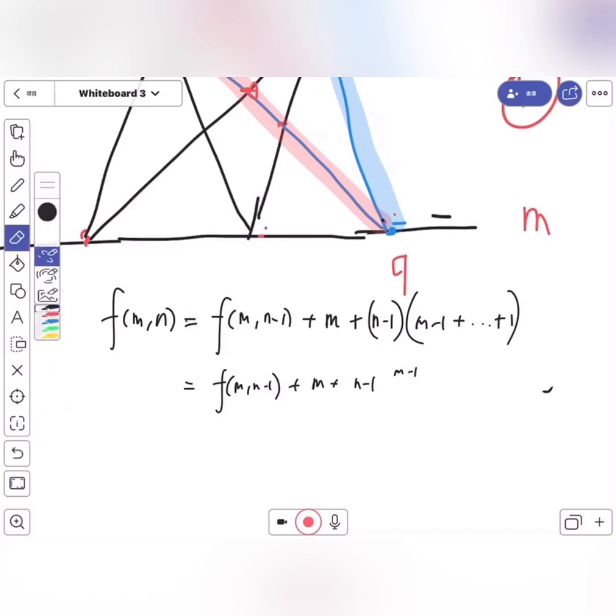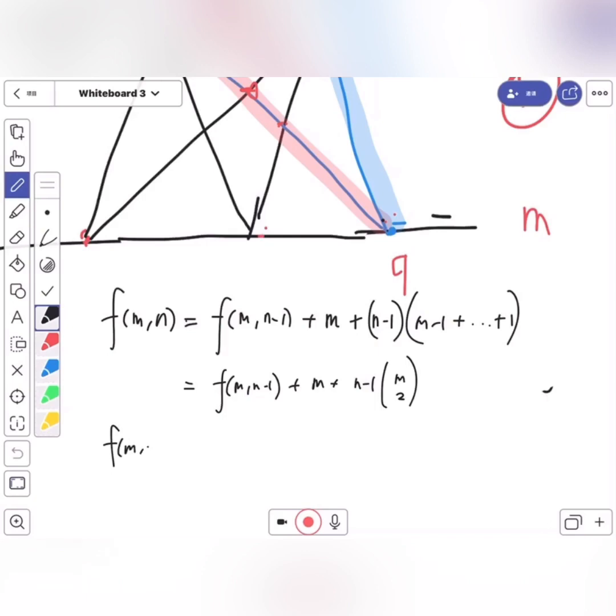This one you can notice is just equal to m choose 2. Now this actually is the same if we swap m and n. It can also be written as f of m minus 1, n plus n plus m minus 1 times n choose 2.